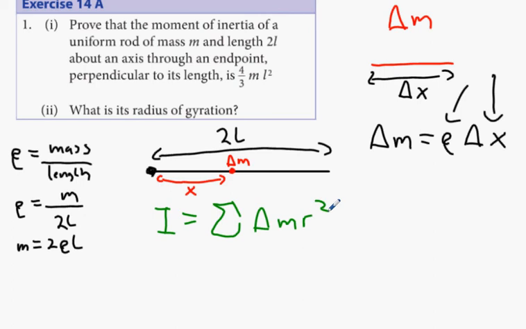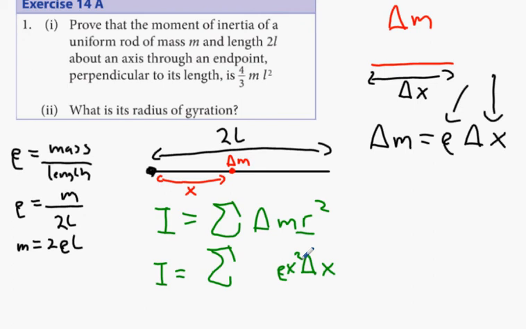Now, our inertia therefore equals the sum of, change delta m into rho delta x, and change the r squared value to what? r is defined as the distance of your mass away from the axis of rotation. So what's that going to change into? x. So it's going to be rho x squared delta x.